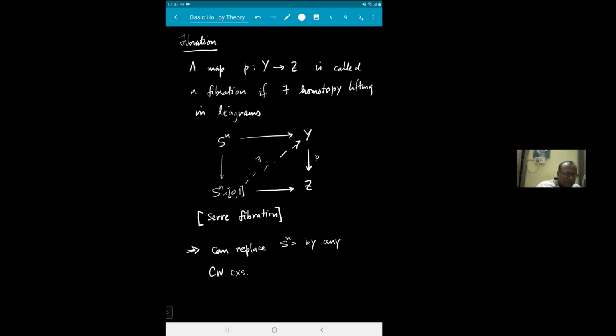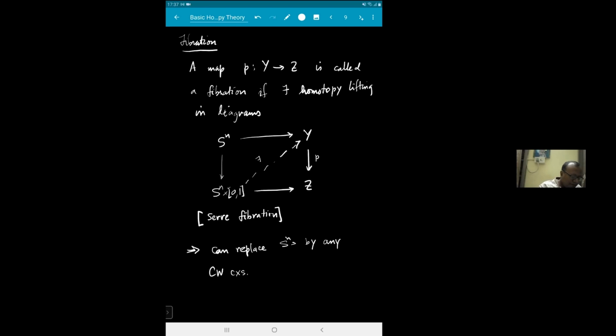Just having the condition for S^n for all n is equivalent to having it for all CW complexes. There is another idea of fibration which is called a Hurewicz fibration, and there the condition is that you should have this homotopy lifting for all spaces, and that's a different condition.